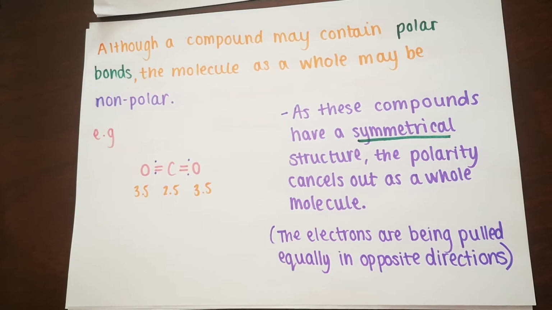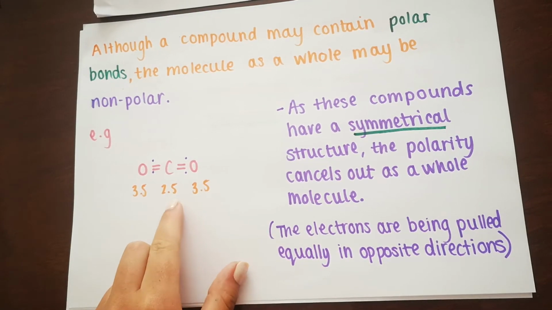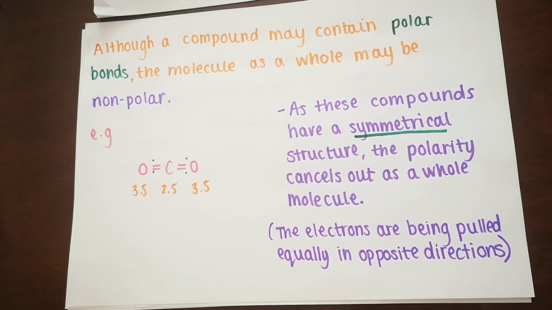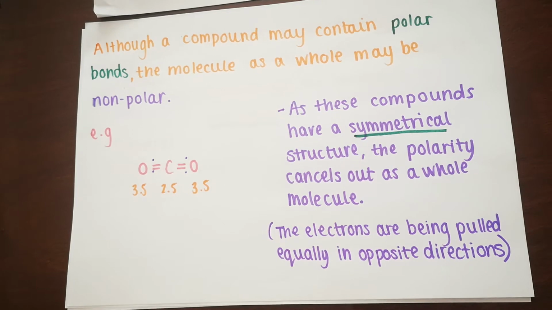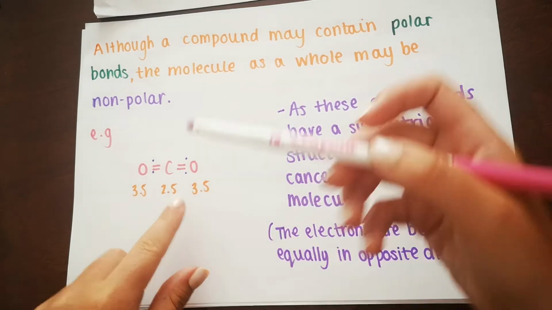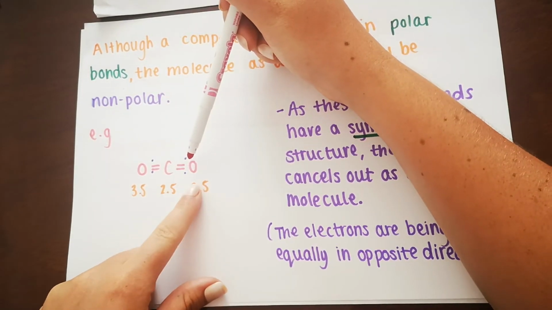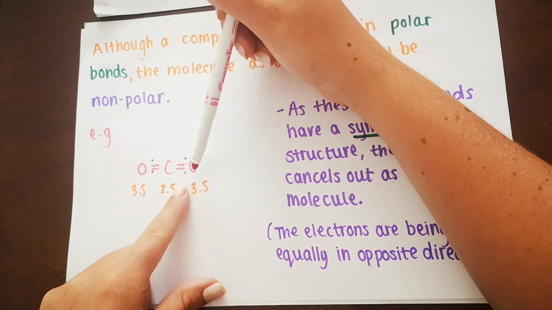So if it has a symmetrical structure, like your carbon dioxide here, your partial charges are pulled in opposite directions. Basically the electrons are being pulled equally in opposite directions, because here your oxygen has a higher electronegativity than carbon, so the same at both sides.